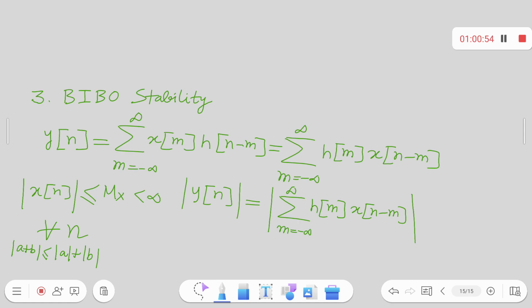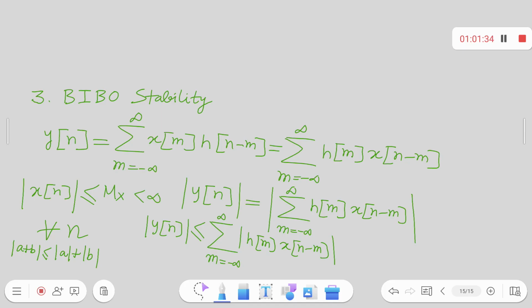Right? So therefore this mod of y of n is always less than or equal to, taking the summation outside, summation from minus to plus infinity of mod of h of m x of n minus m. Mod of a plus b is always less than or equal to mod a plus mod b.